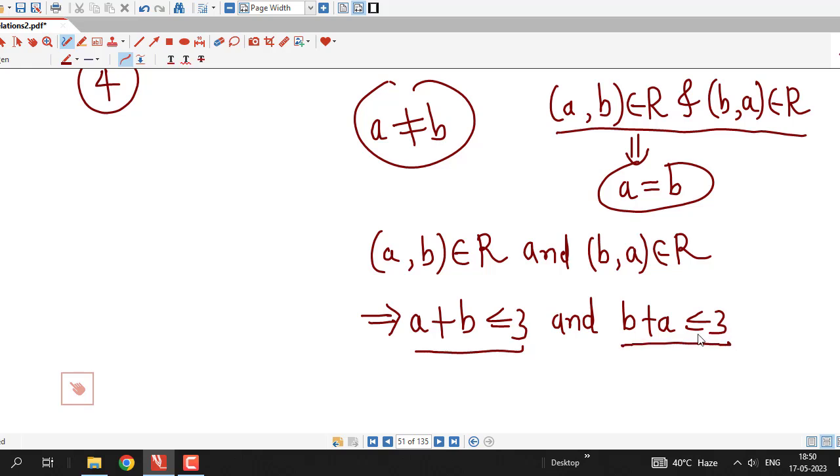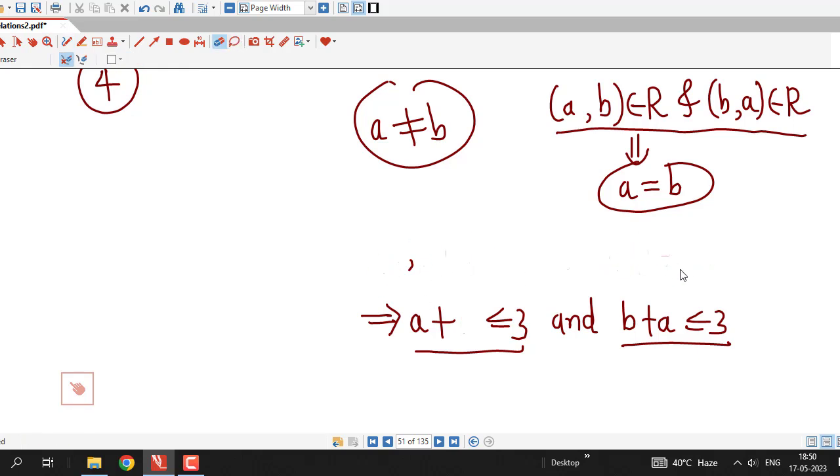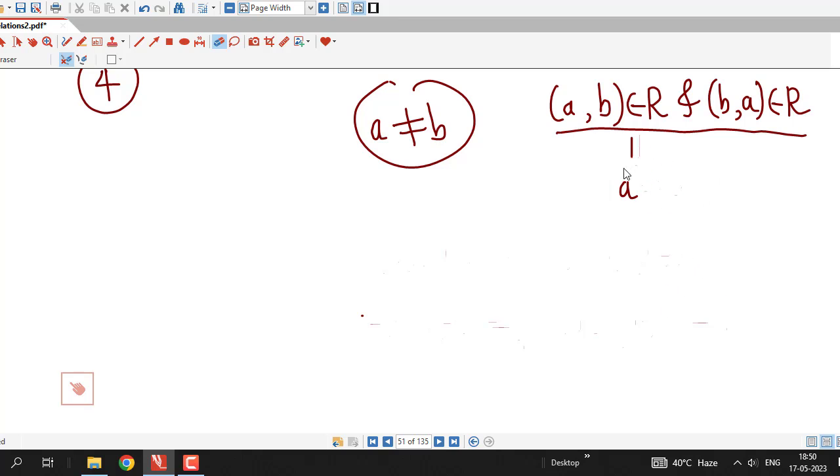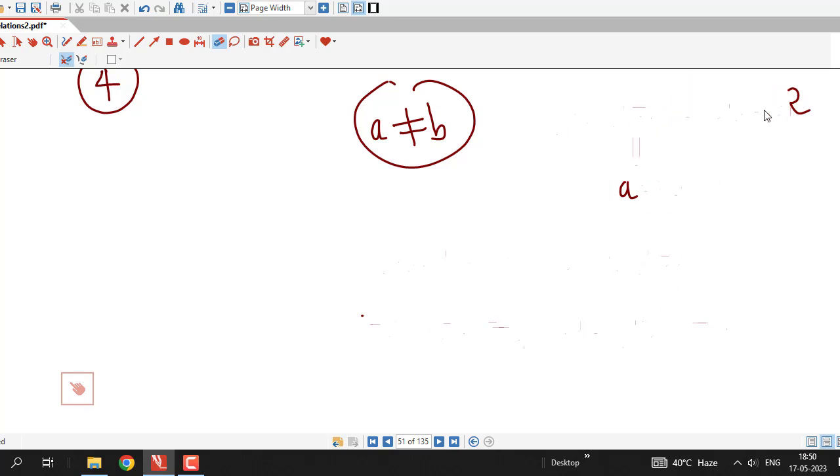But from this we cannot say that a and b are always equal. So there is a chance that the relation is not antisymmetric, and for that we have to find two different integers a and b such that (a, b) belongs to R and (b, a) belongs to R.